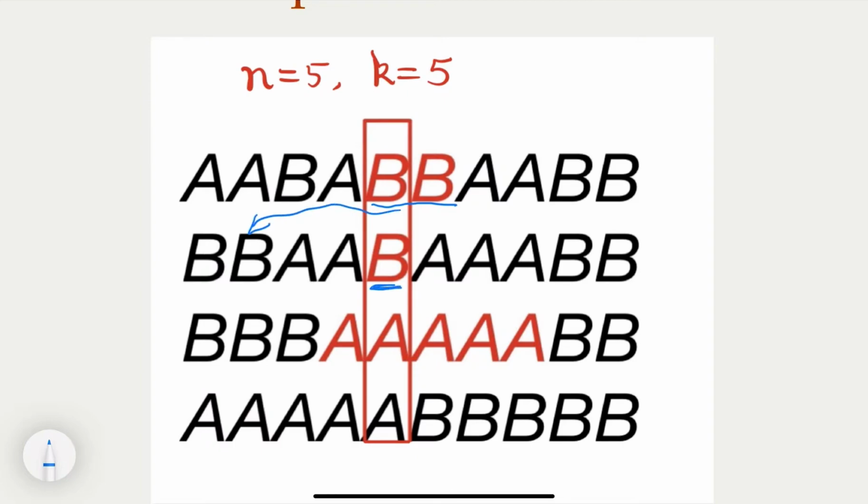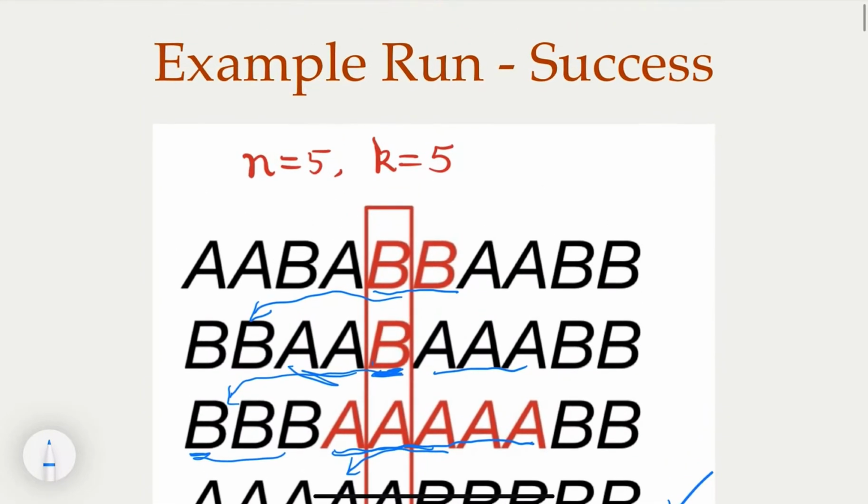In step number 2, the chain is by itself, you move it to the front, and you're leaving 2A and 3A together. You have 5A in a row. When you move, then you're done, because 5A is followed by 5B. That's a good terminating condition, so that's a successful run.